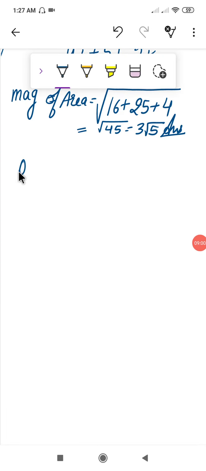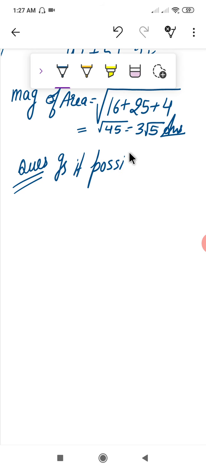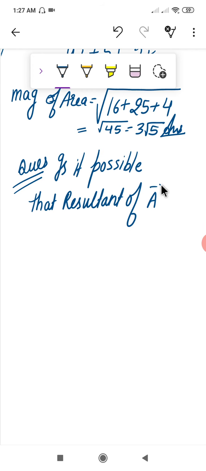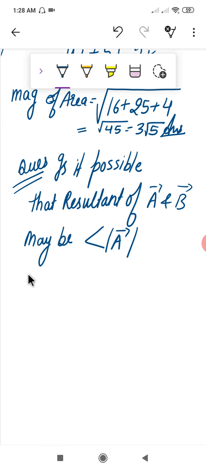Now this is a question from the reasoning part, and the question is: is it possible, this is a good question, take care of it, is it possible that a resultant of two vectors A and B may be less than A or less than B?